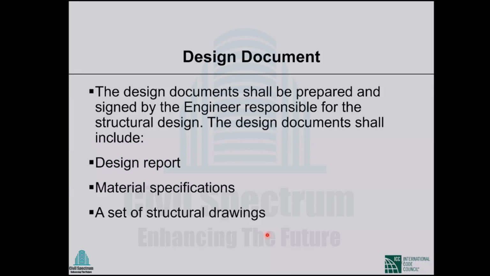Now, in case of RAJUK and other development authorities, they follow the building construction rules, BC rules, like Imarat Nirman Vidhimala. So in the Vidhimala, there are prescriptions that what have to be submitted. But according to the code, these documents have to be submitted.